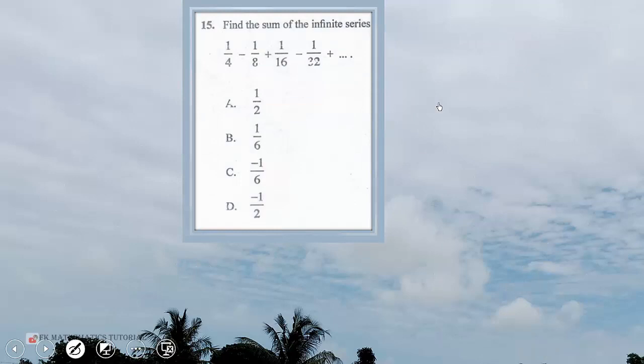We have to find the sum of the infinite series. So the sum to infinity is given by a over 1 minus r, where r is given by negative 1 over 8 over 1 over 4.